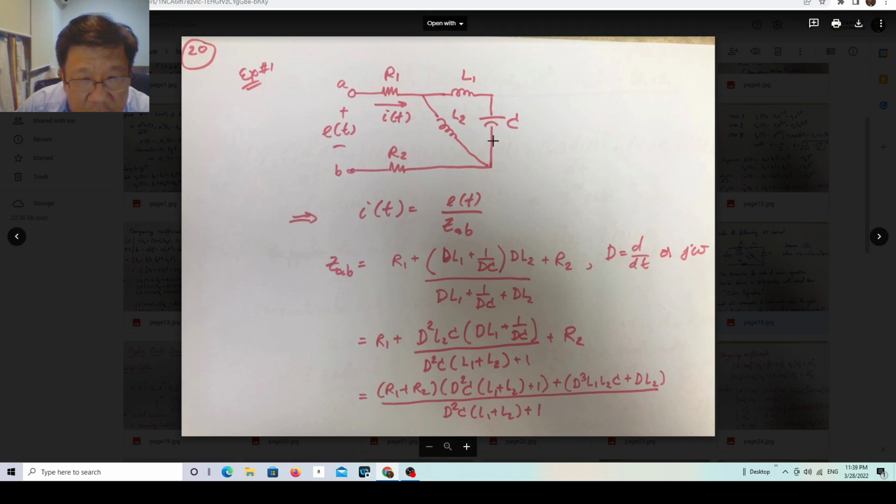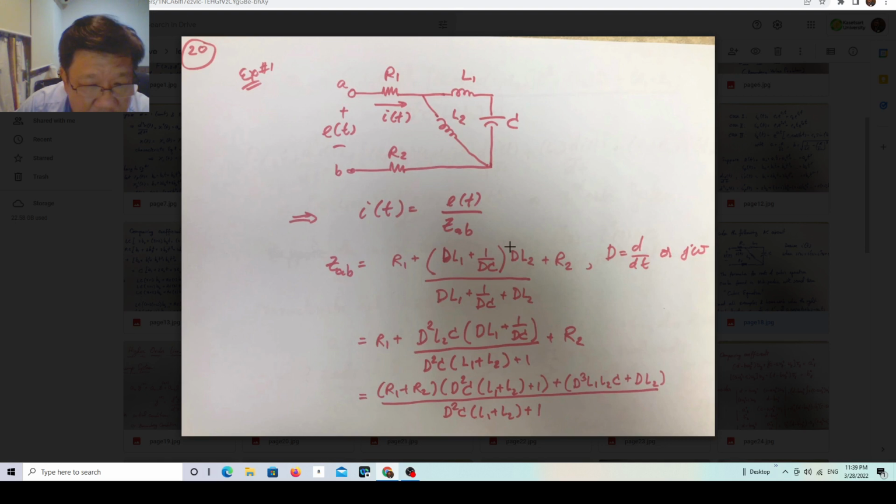The part connected in parallel with L2 is L1 in series with C, which has an impedance of D times L1 plus 1 over DC. That's the impedance above here. And then multiply it by the one connected in parallel, which is DL2. DL2 is the impedance of here.